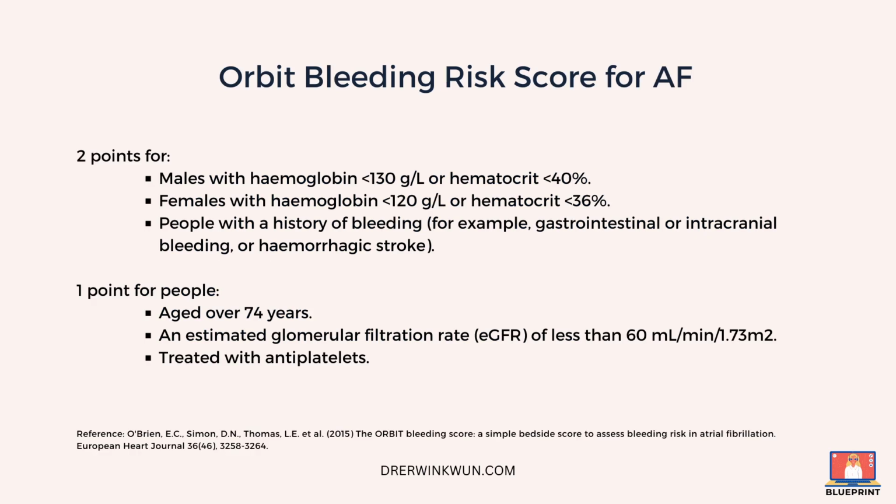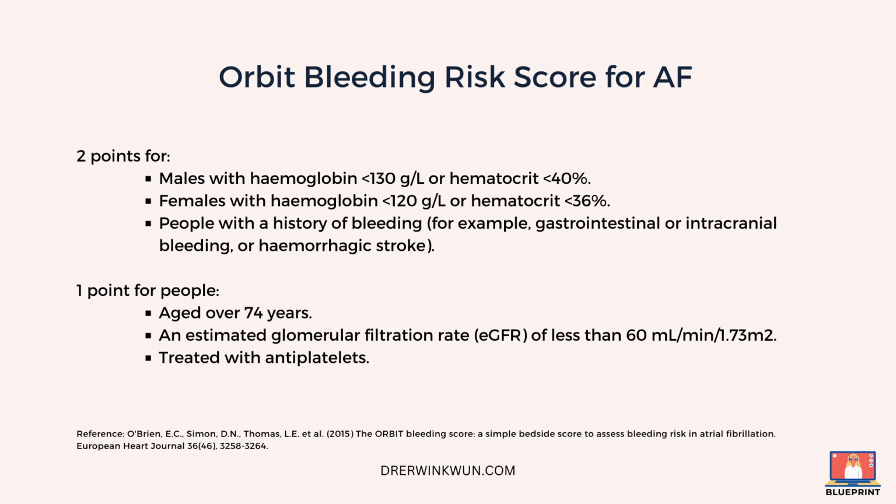So some of you might be familiar with the ORBIT bleeding risk score for atrial fibrillation. You get 2 points if you're a male with a hemoglobin level under 130. If you're a female, then if your hemoglobin level is under 120, you score 2 points.